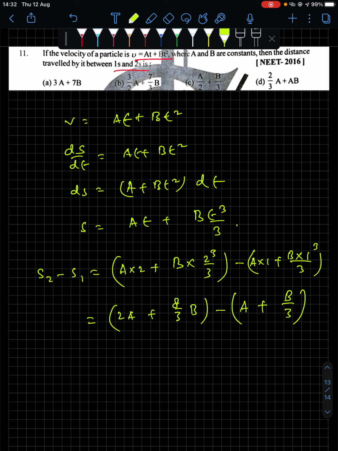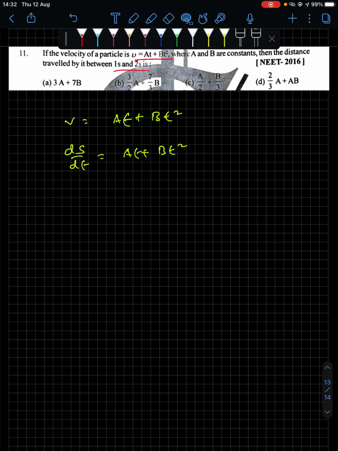Okay, so there is a mistake here. at plus bt square. So ds equals at plus bt square dt. So s equals, when you integrate, you get at square by 2 plus bt cube by 3.